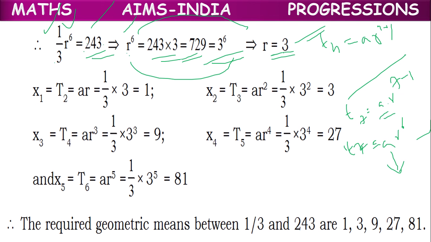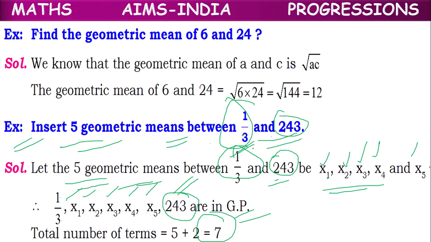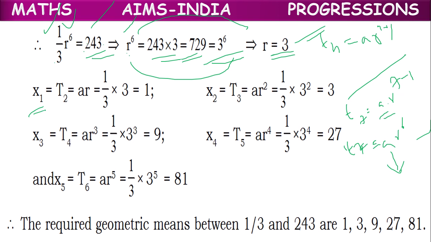We got the r value. So we got the a value and we got the r value. Now x1 is the second term. x1 is T2, whose formula is ar.